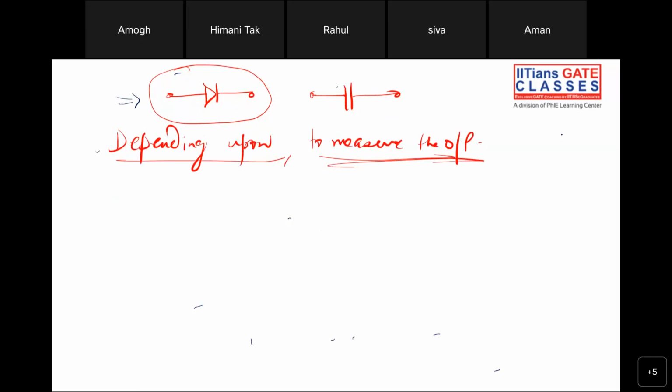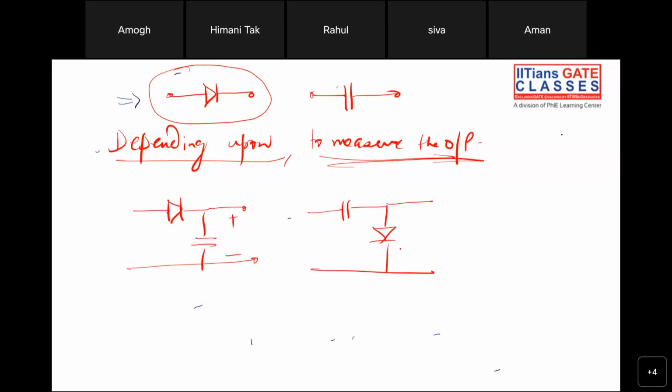You can connect a diode and capacitor like this, and you are measuring output across the capacitor. And here you are measuring output across the diode, right? If you are measuring output across the capacitor, the name of this circuit is going to be the peak detector.